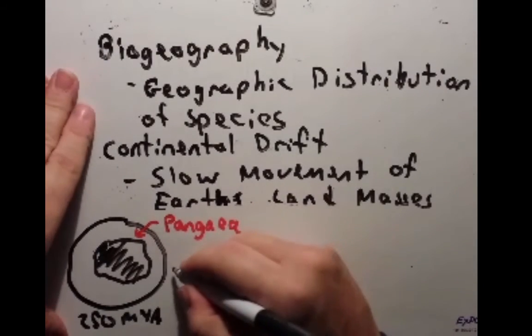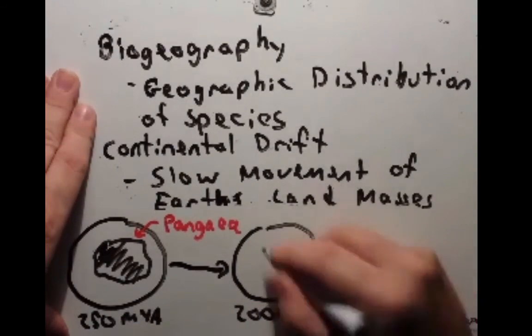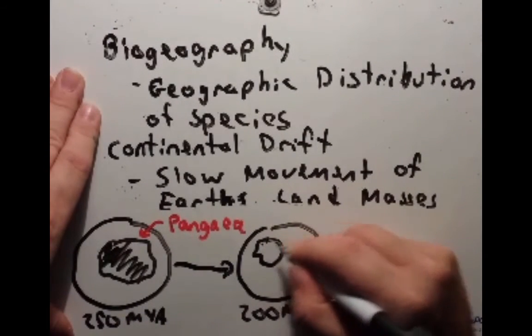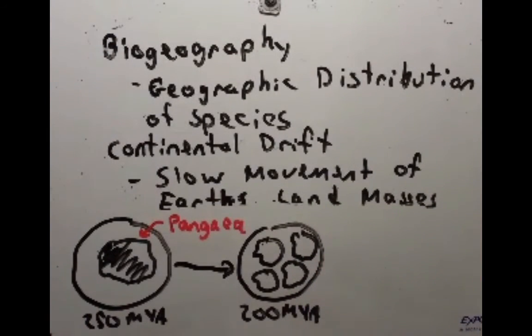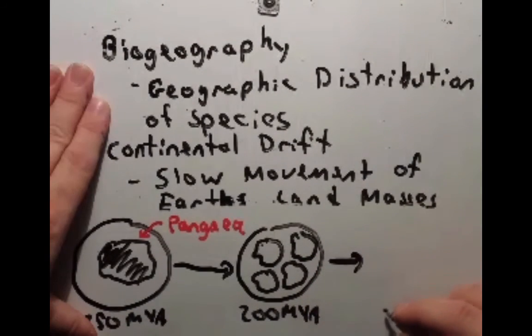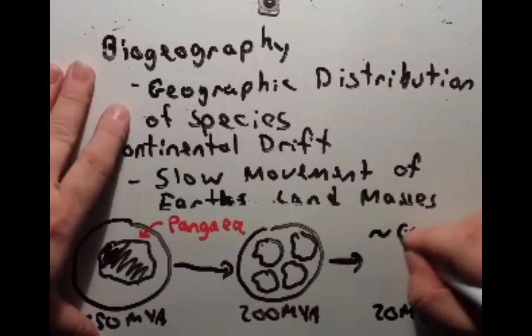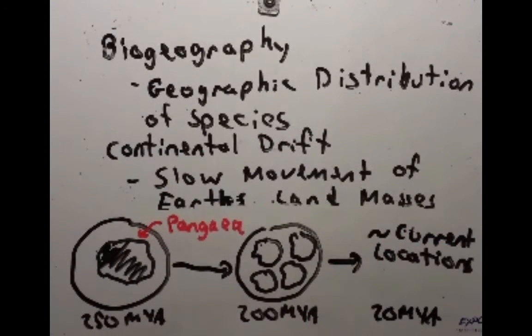Then this evidence suggests that 200 million years ago, we see this landmass breaking apart. And then about 20 million years ago, they ended up in approximately their current locations, give or take 100 to 200 kilometers. So pretty close to where they're at now.